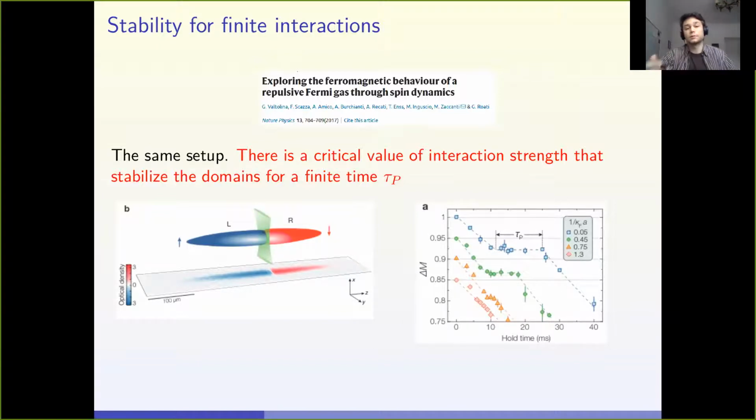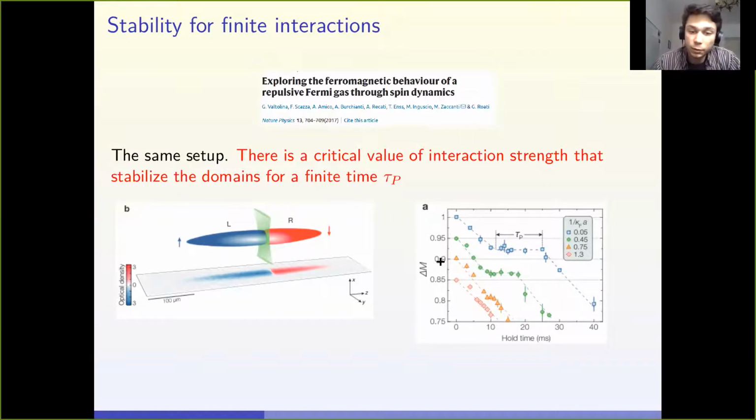There was an experiment in 2017 in which they were looking at the magnetization. The magnetization is, of course, equal to 1 if we have a ferromagnetic, perfectly separated state, and it drops down to 0 when we go to the paramagnetic phase.